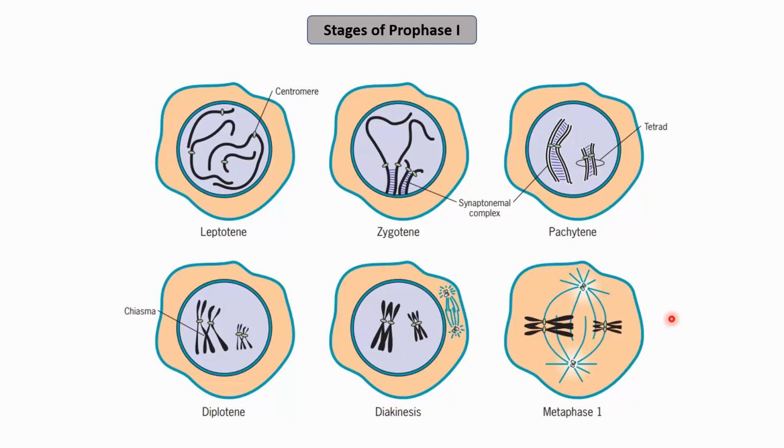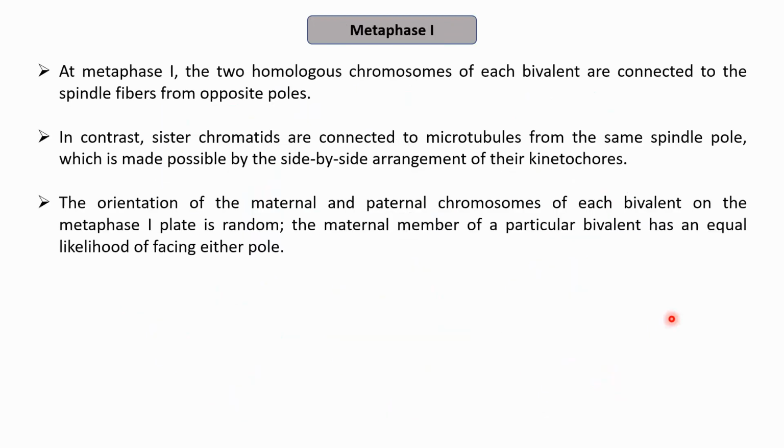Both have an equal chance of moving towards either pole. There is no bias in the movement of a particular set of chromosomes towards a particular pole.